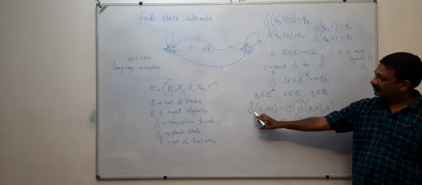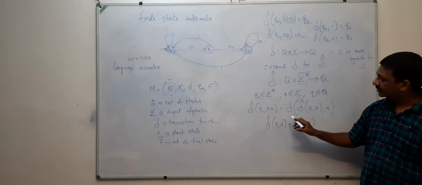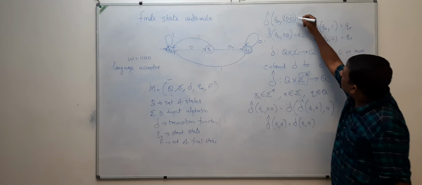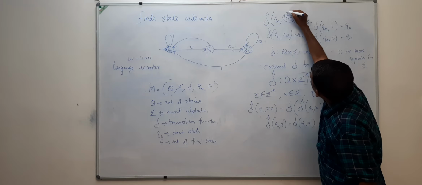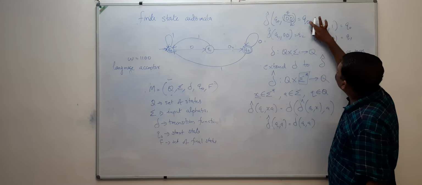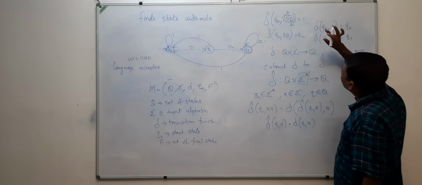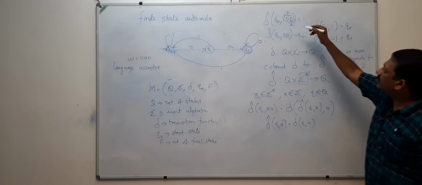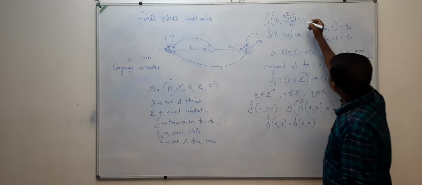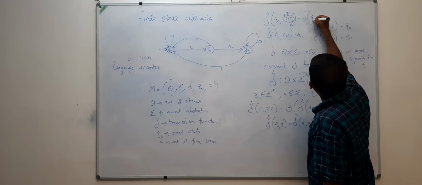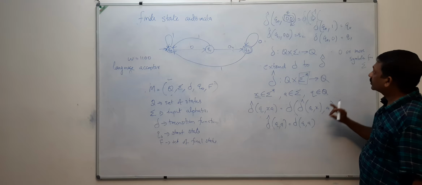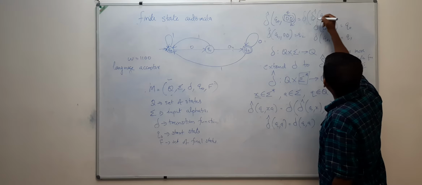Now we are going to define delta cap of Q comma xa. Suppose you are going to take x as 10 and a as 0. So delta cap of Q0 comma xa, as per our definition, is equal to delta of delta cap of Q0 comma x, comma a.